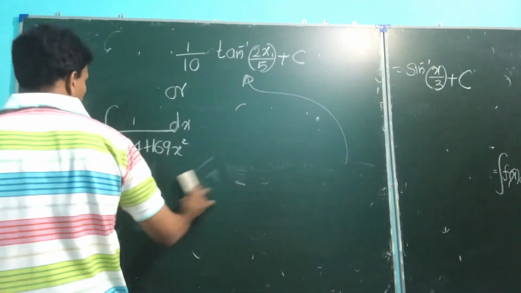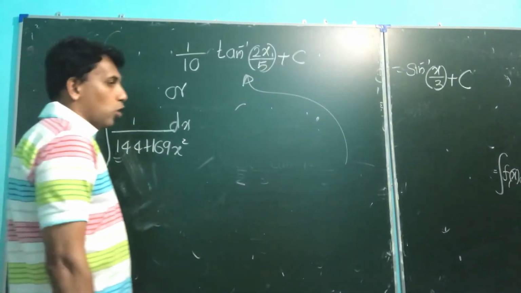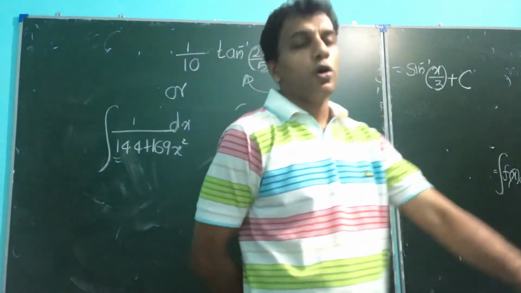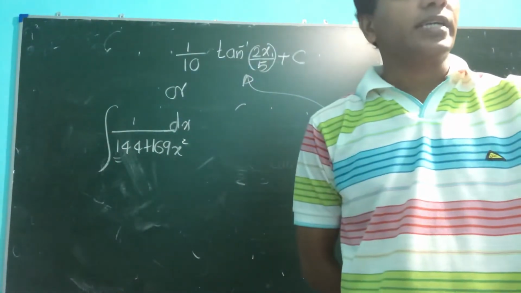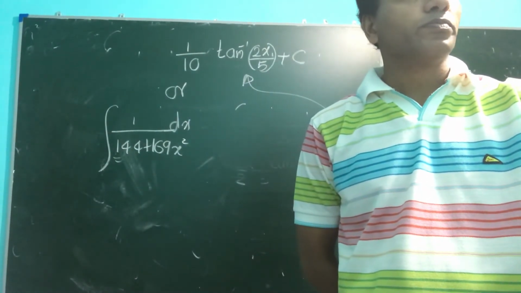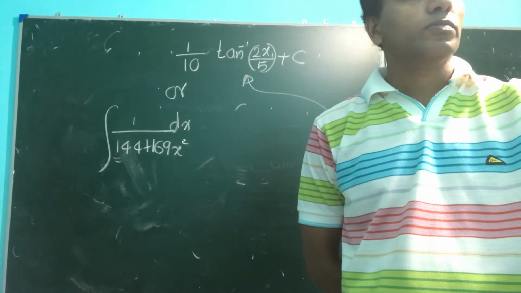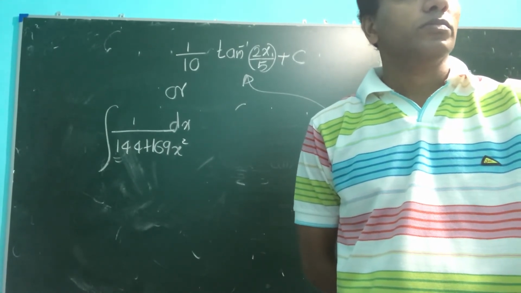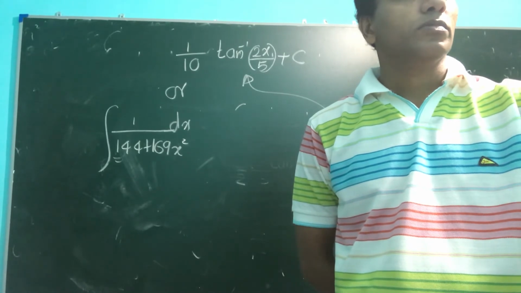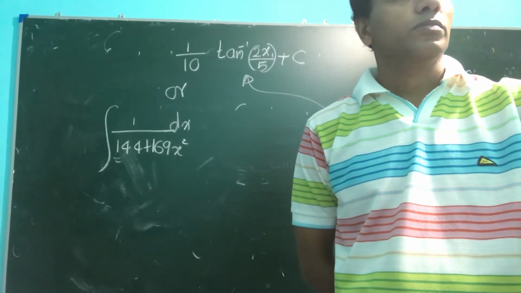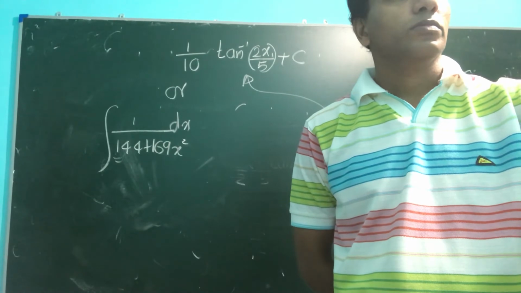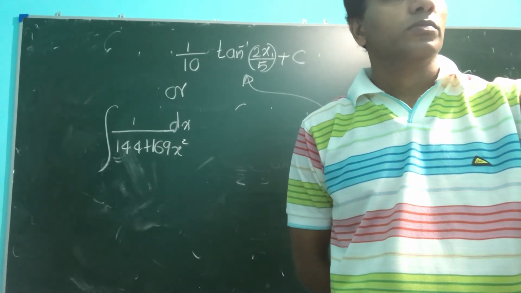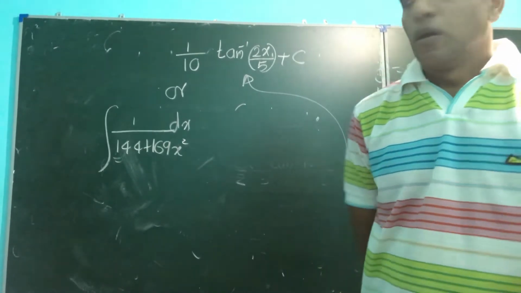So, square root of 1 over 144 plus 169x square. Okay, see this one.